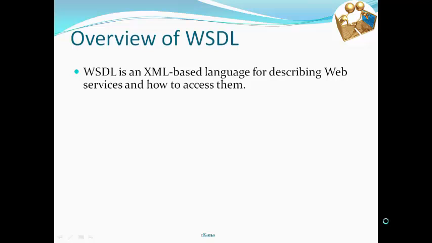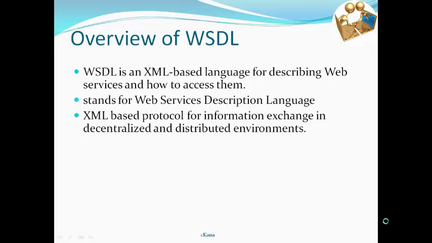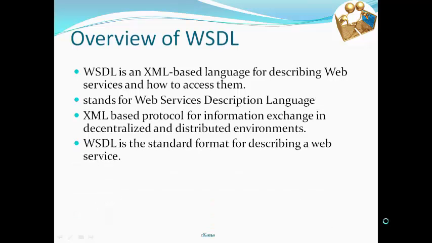WSDL is an XML-based language for describing web services and how to access them. It stands for Web Services Description Language. It is an XML-based protocol for information exchange in decentralized and distributed environments. WSDL is a standard format for describing a web service.